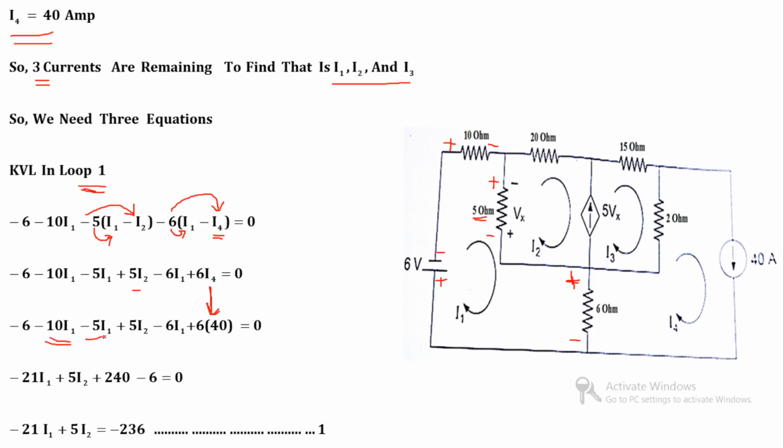This is minus 10 I1, this is minus 5 I1, and this is minus 6 I1, so the addition becomes minus 21 I1. Plus 5 I2 will be as it is, and over here 6 into 40 is 240, minus 6, this is 240 minus 6. If we shift this term to the right hand side of equal to, it will become minus 236. So the KVL equation for loop 1 looks like minus 21 I1 plus 5 I2 is equal to minus 236.